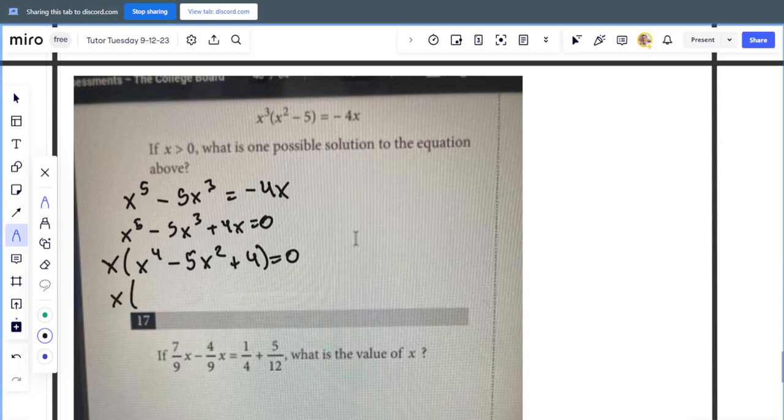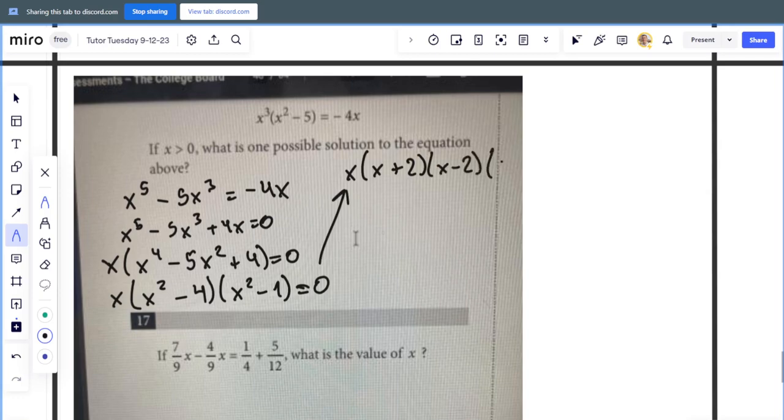And then I can factor this as (x² − 4)(x² − 1) = 0. Let's factor one more step. x² − 4 is (x + 2)(x − 2) using our difference of squares identity. x² − 1 is going to be (x + 1)(x − 1).